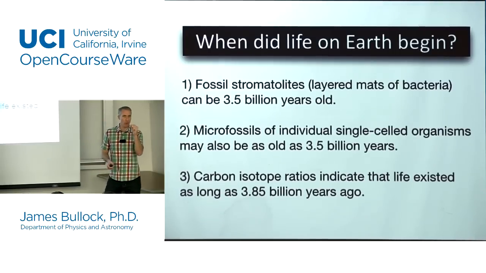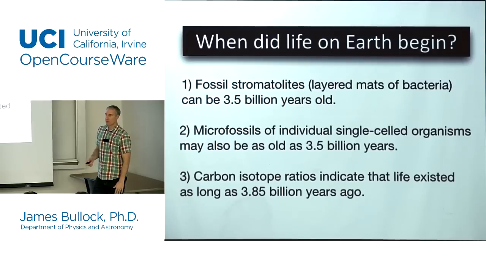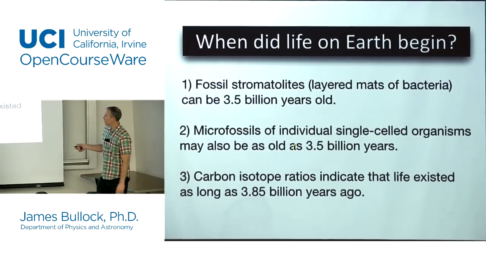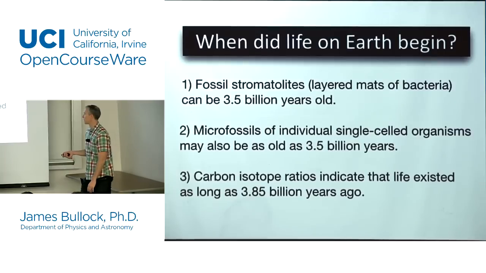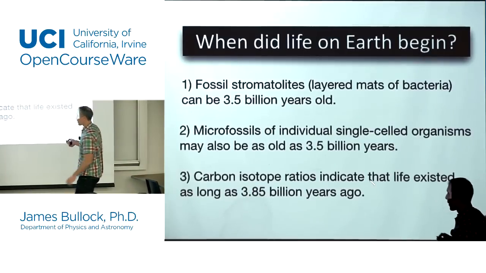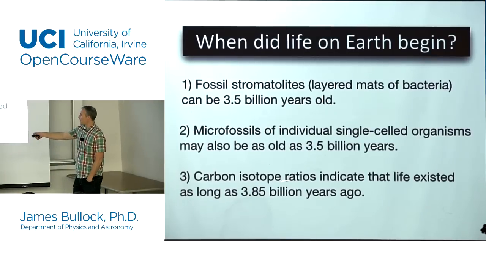Okay, so these single-celled organisms seem to have been percolating within 1 billion years of the Earth's formation and not too long after the point where it got cooled down. There's another thing that I'll talk about next, which is carbon isotope ratios.